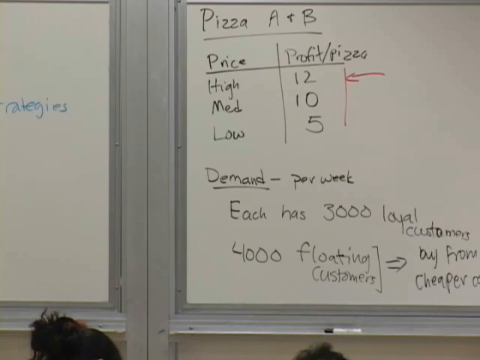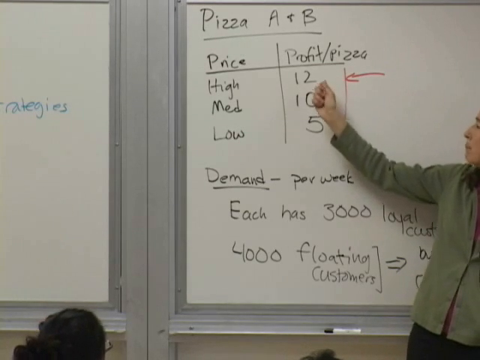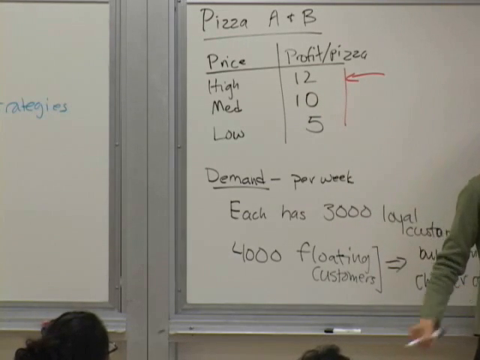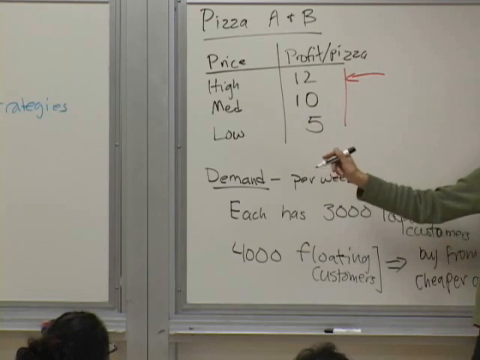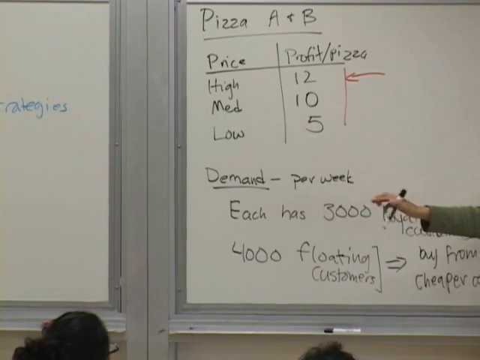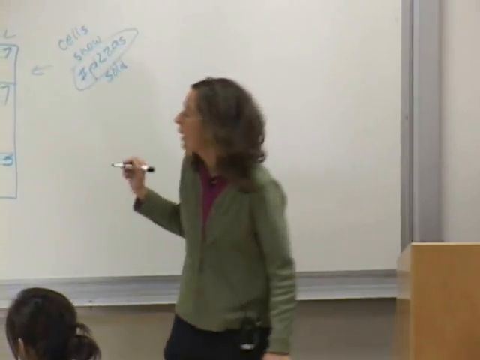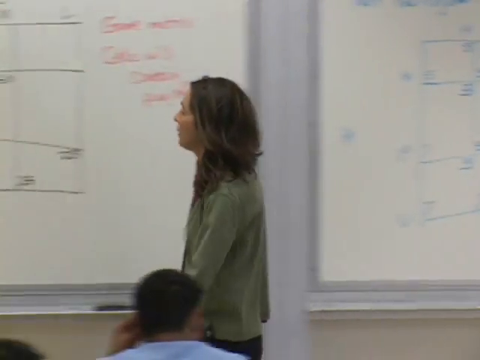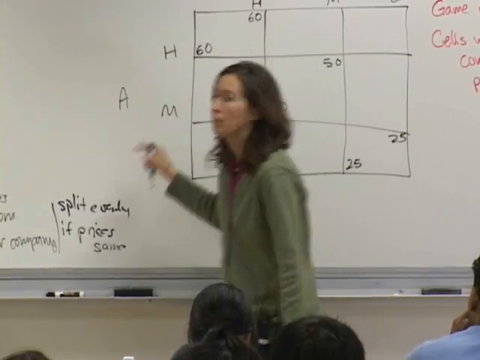So in both cases, it's 5,000 pizzas each times the per pizza profit. 60 for a high price, 50, 5,000 times 10 for the medium price, and 5 times 5, 25 for the low price. Okay? So now filling out the other cells, here I'm charging a medium price.